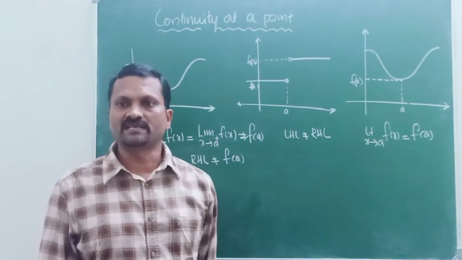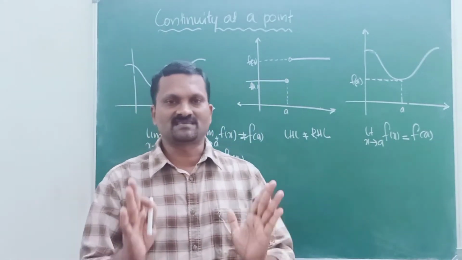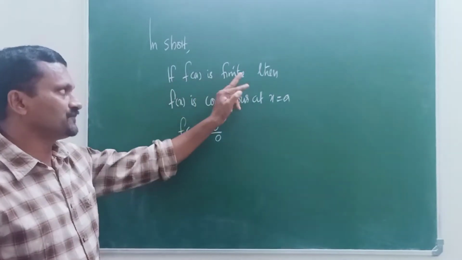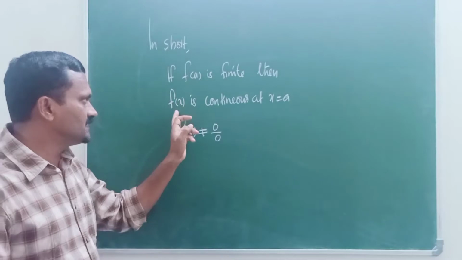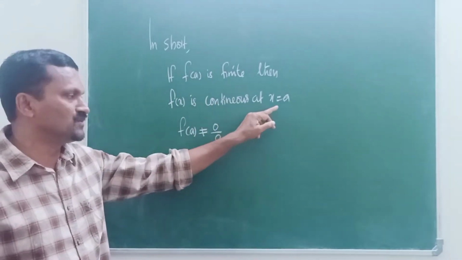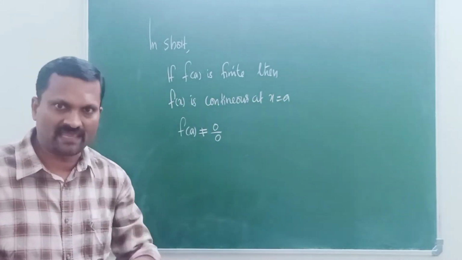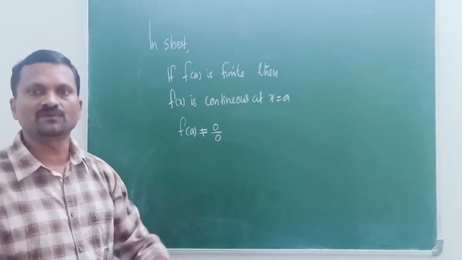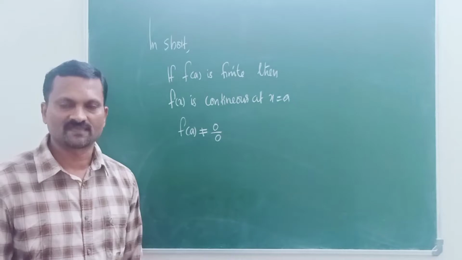Therefore, the function is continuous at x equal to A. In short, if f of A is finite, then f of x is continuous at x equal to A. Finite means f of A is not equal to 0 by 0.